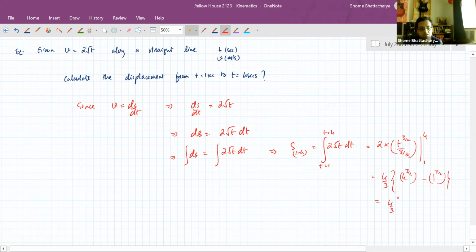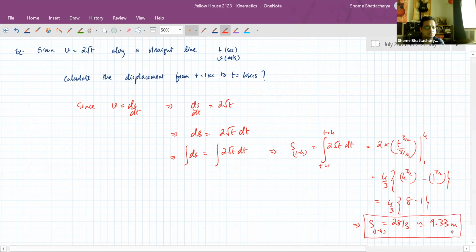So 4 by 3 into this will become 8 minus 1. So 28 by 3, or approximately 9.33 meters. That is the displacement from 1 to 4 seconds. So good, you have done the calculation correctly and sent me the answers, people.